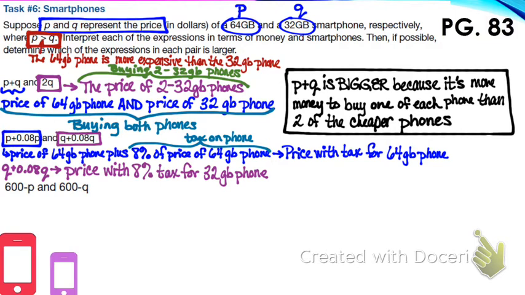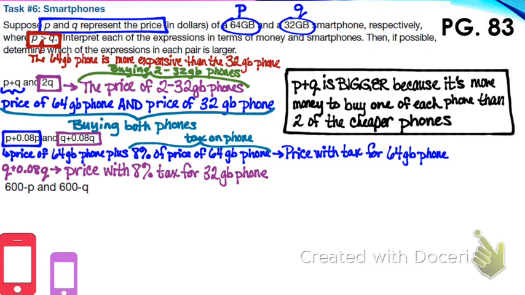Which one's bigger? Which expression is bigger, or which one's more expensive? Yeah, the 64 gigabyte phone with tax is going to be more expensive than the 32 gigabyte phone with tax, right? Yes. All right.